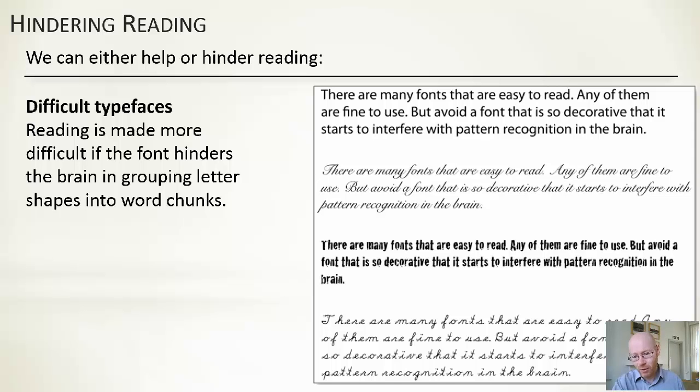And you can see by looking at the different fonts here that some fonts make it easier to group the glyph shapes into words, and some make it easier to recognize what that particular word shape is. Ideally, we want to pick a font within our application or app that is going to be easy for the user to read. It doesn't hinder reading, and it reduces the amount of effort required as far as we can.